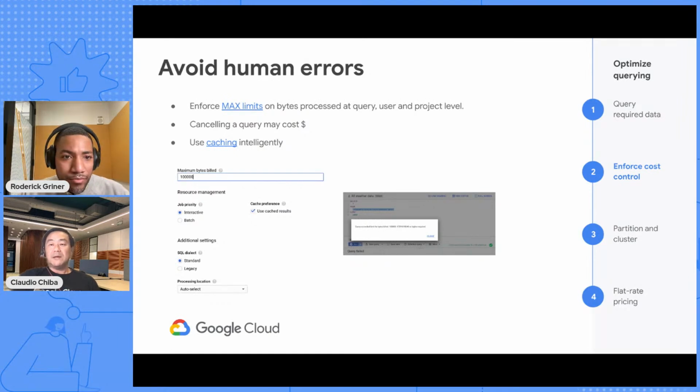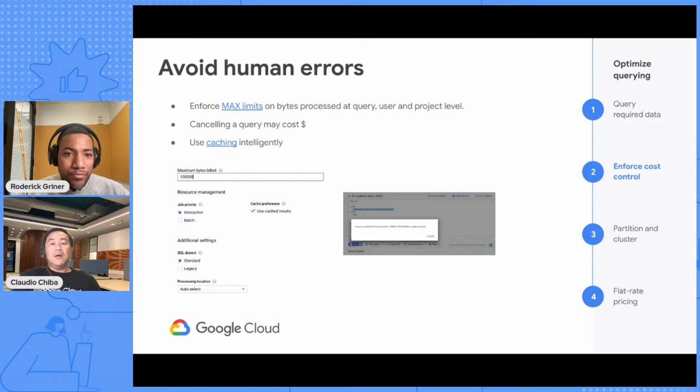Defining different limits for different groups is not possible at this time. If you cancel your query with no error, you can be charged for the bytes processed.